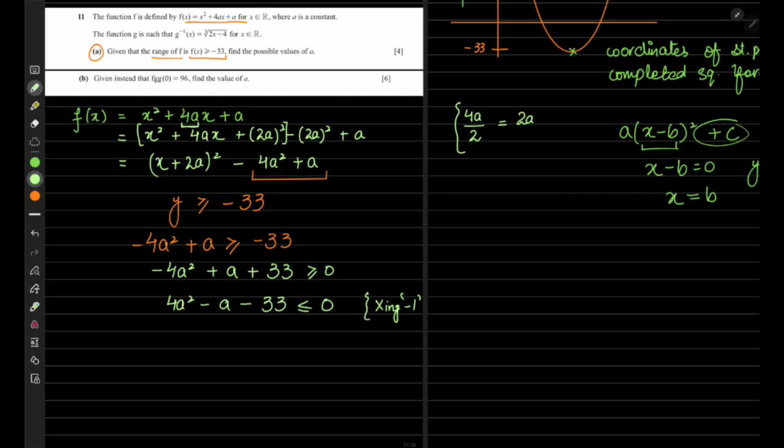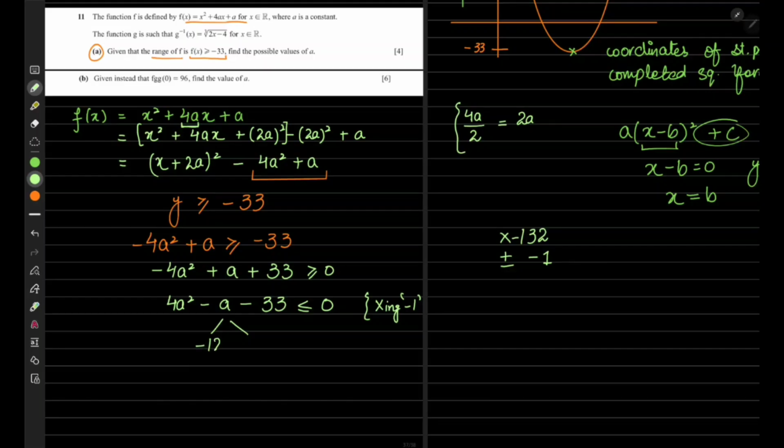And now factorize it, or break the middle term. So we need 132. We should be getting 132 upon multiplication, and upon addition or subtraction we should get minus 1. If we multiply 12 and 11, we get 132. So your factors must be minus 12 and plus 11.